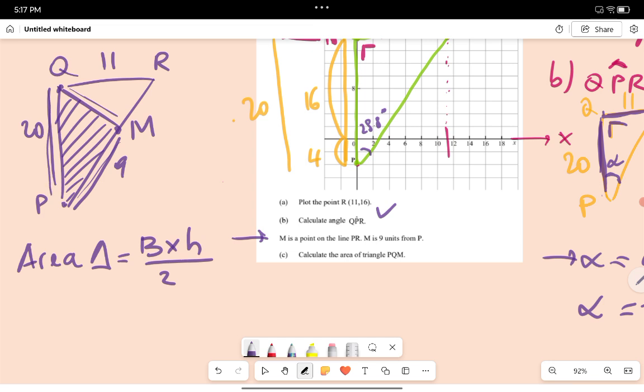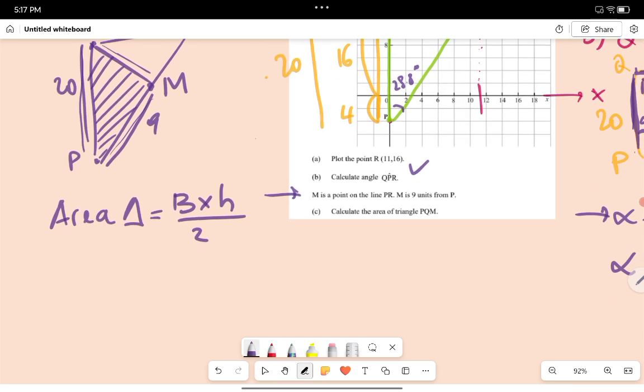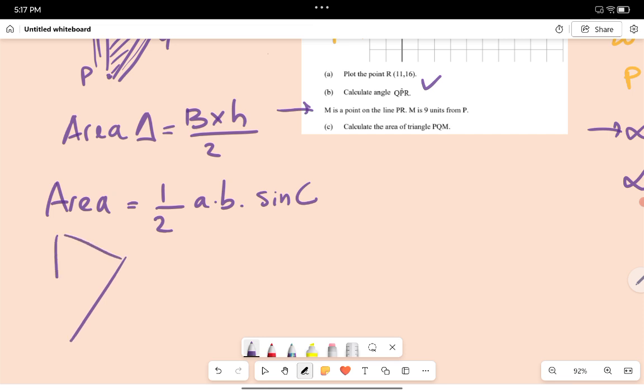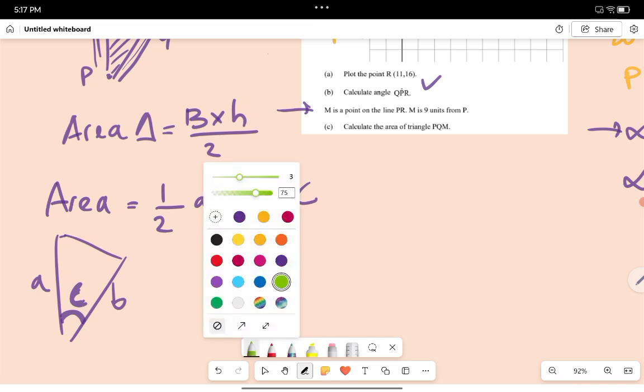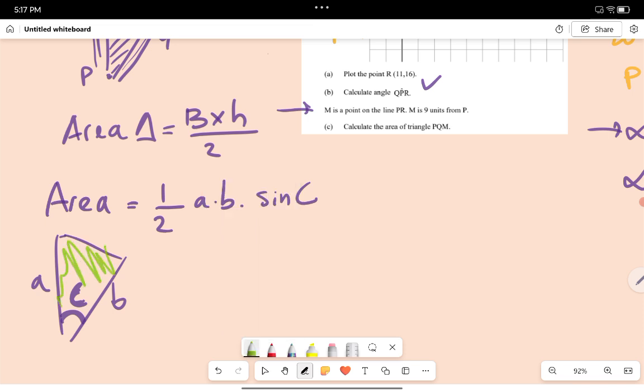So this is a very good one to remember. The area is also given by 1/2 a times b times the sine of C. This means that if we have any triangle with a side a and a side b, and the angle in between is C, then the area of this triangle will be 1/2 a, one side, times the second side, times the sine of the angle in between.